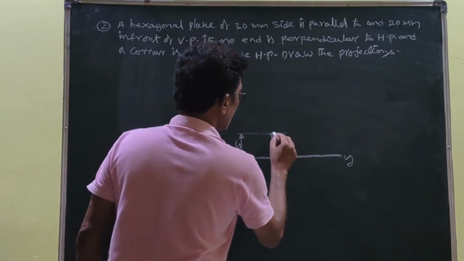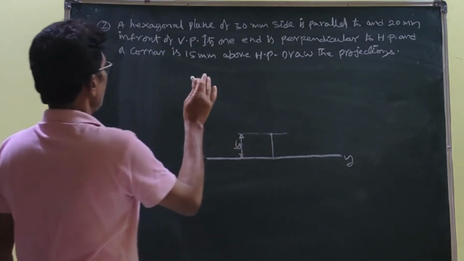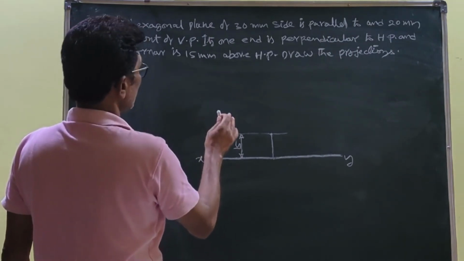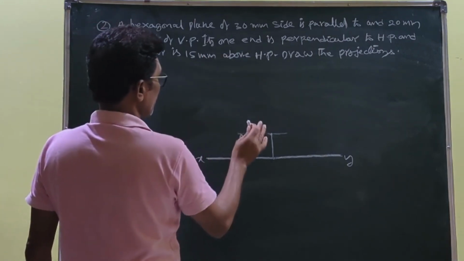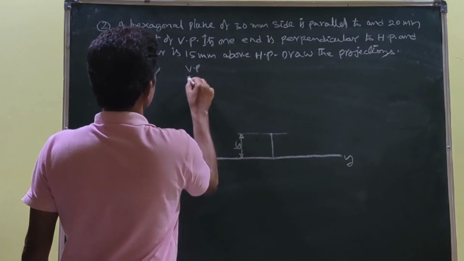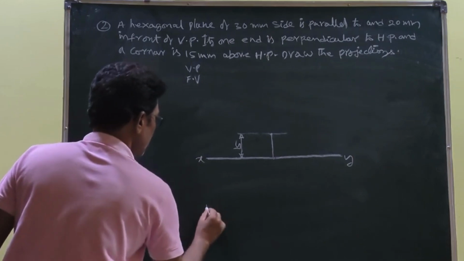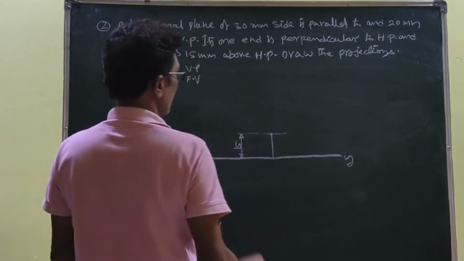So in that case, how to develop? Obviously the hexagon is parallel to VP, so first you have to develop the front view. This is the vertical plane, front view. This is the horizontal plane, top view. First you have to develop the front view.